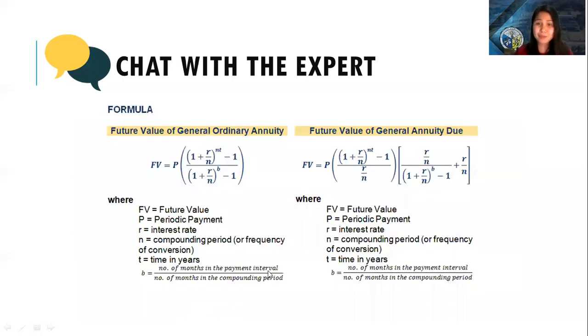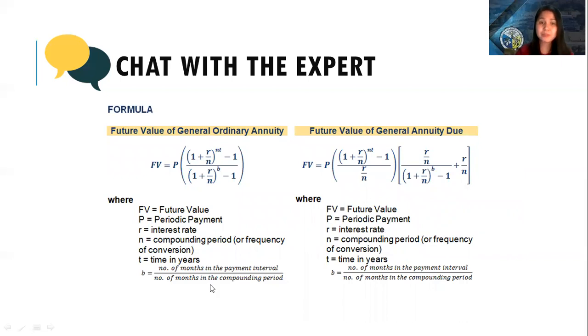And here are some formulas for the future value of a general ordinary annuity. Now, what is the difference with the formulas in simple annuity? There is B in here. B stands for the number of months in the payment interval divided by the number of months in the compounding period.